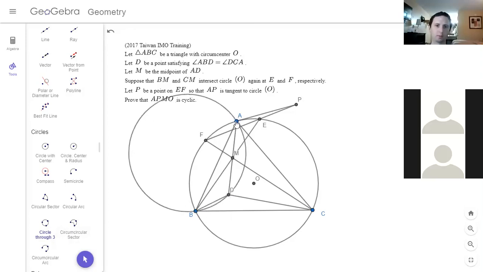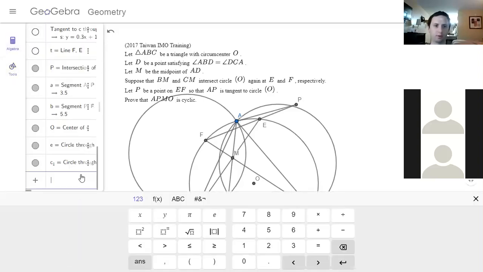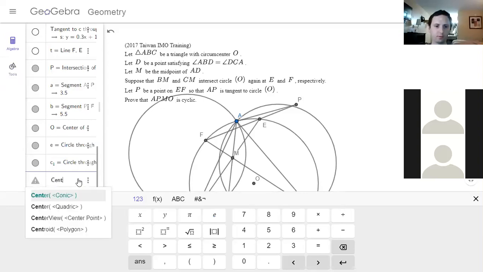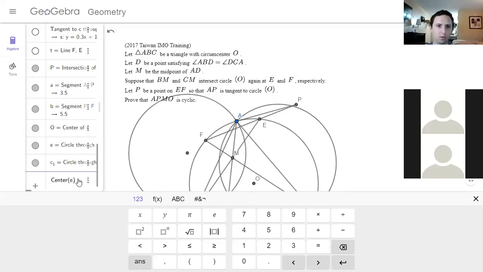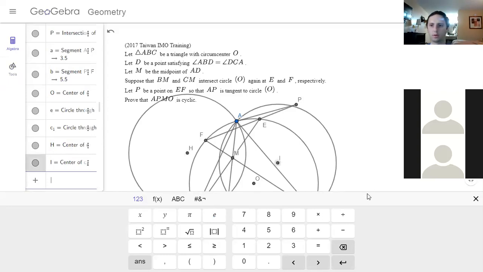So basically, we kind of get a rhombus. And it passes through M. So we draw the center of E1 and the center of C1. Not sure if this will work, but I'll try it out.